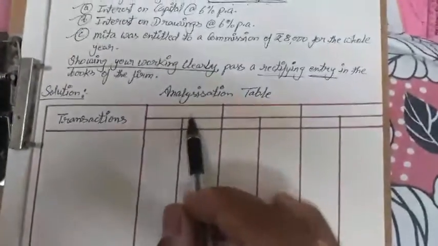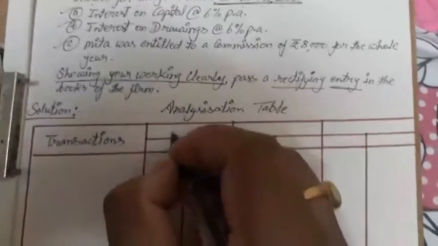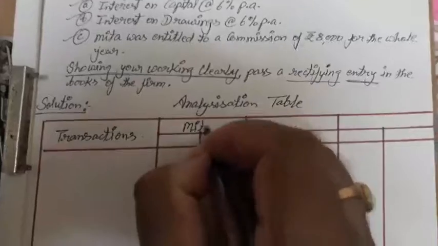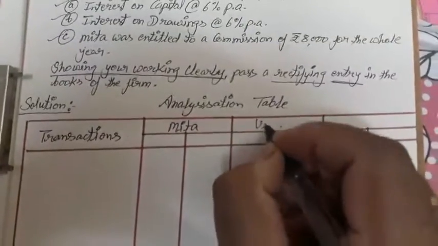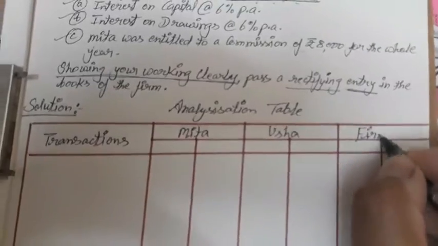So now what is this format saying? Transaction, this is the column for partner, and this is for firm. First partner Meta, second one is Usha, and the last one is for firm.